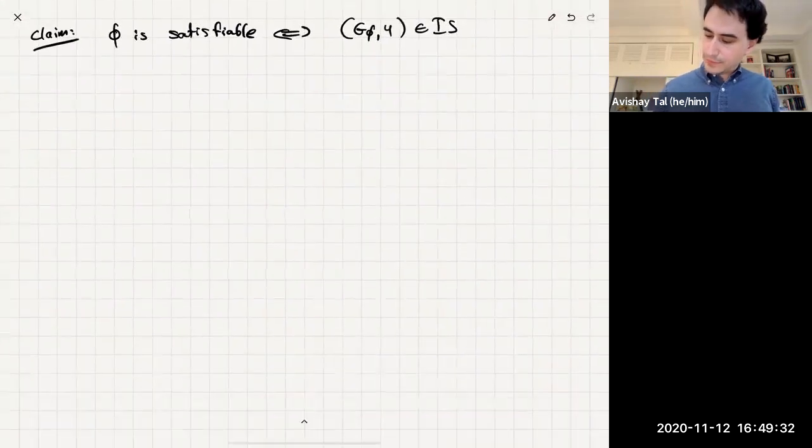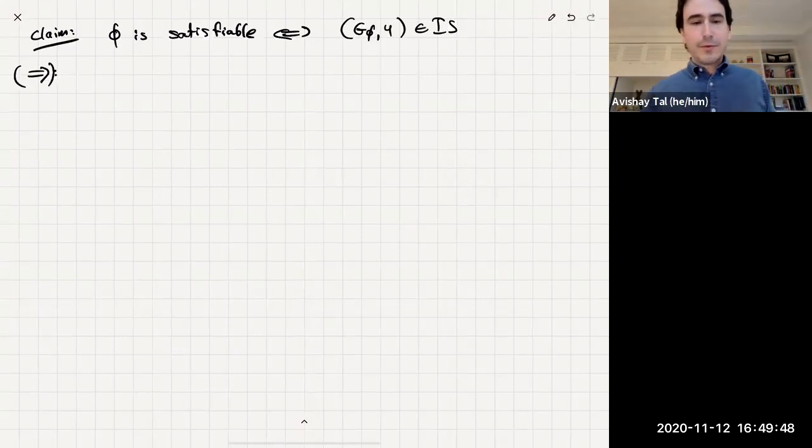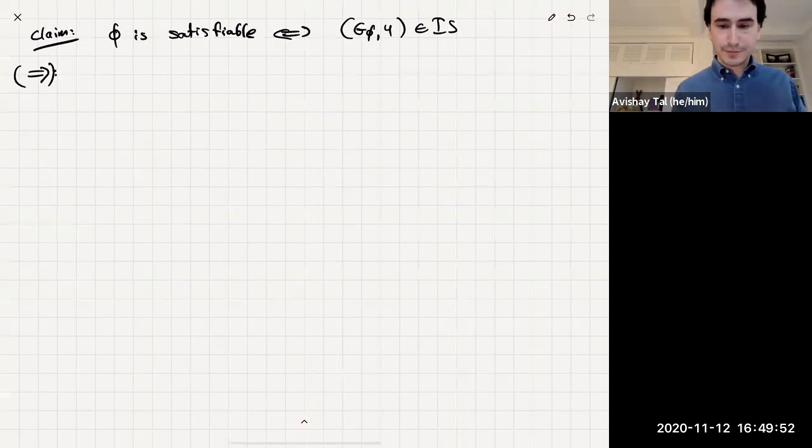Okay, so let's see the first direction. It's an if and only if claim, so I want to show it in both directions. So if phi is satisfiable, I want to come up with an independent set of size 4 in this graph. So how would I pick this independent set?